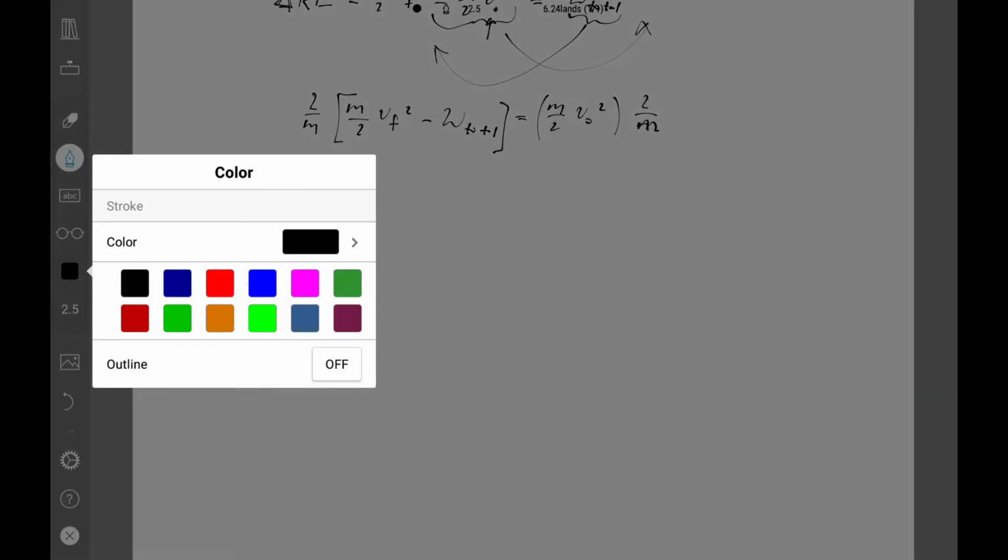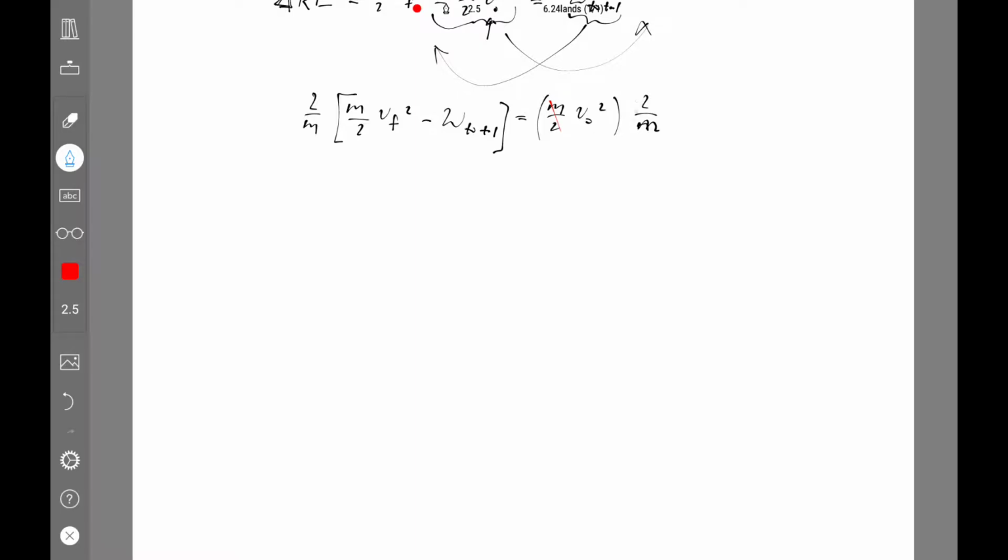So that these cancel, and then I can distribute that 2 over m, so that I have vf squared minus 2 over m times w total equaling initial velocity squared.